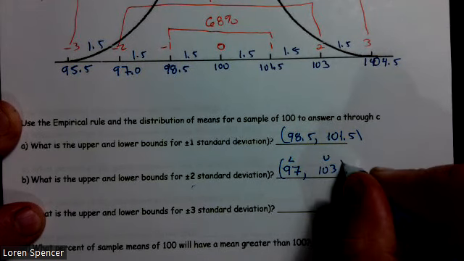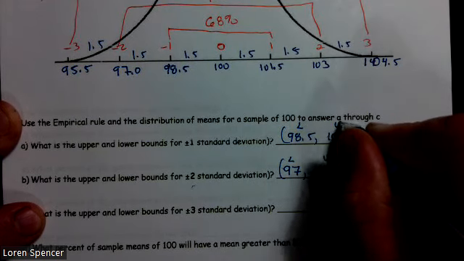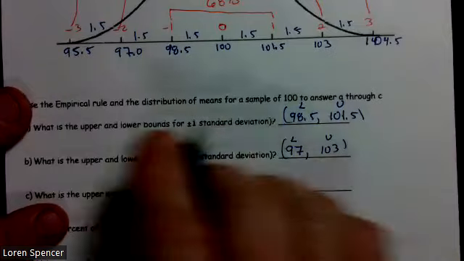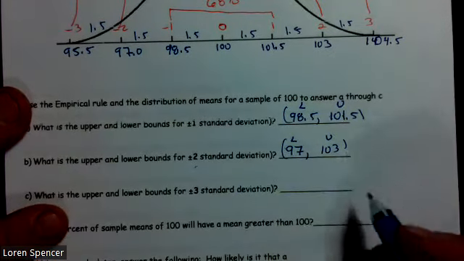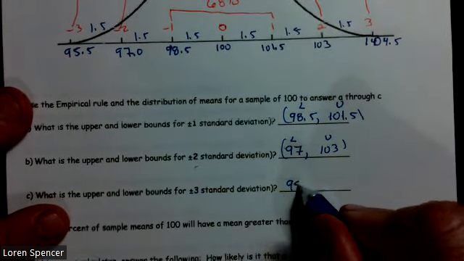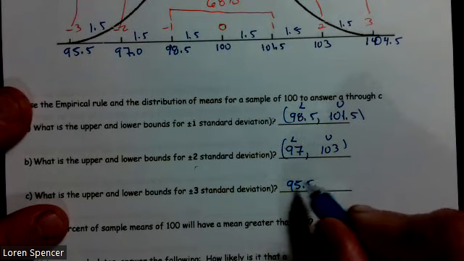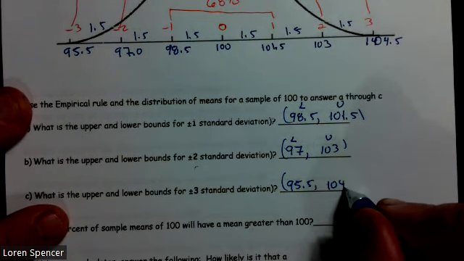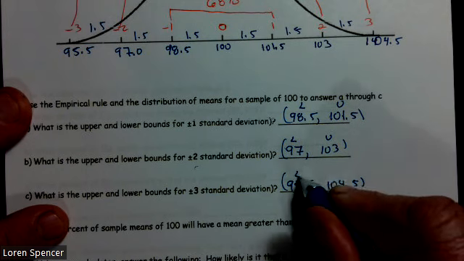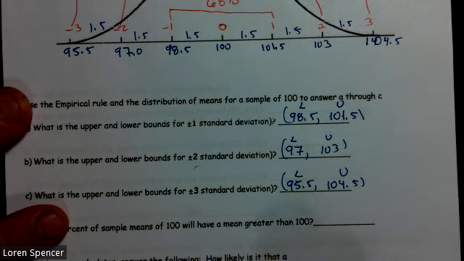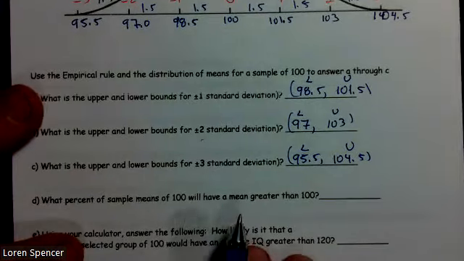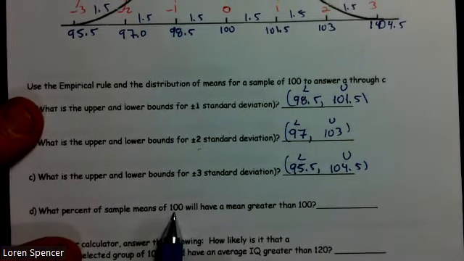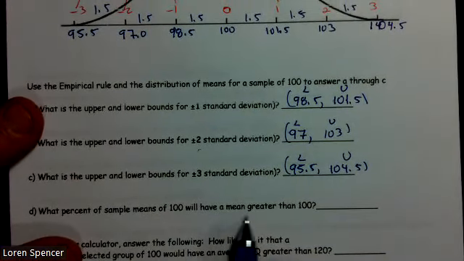Lower, upper, lower, upper. Plus or minus 3, 95.5 to an upper of 104.5, lower and upper.